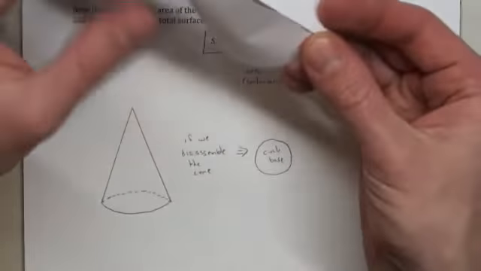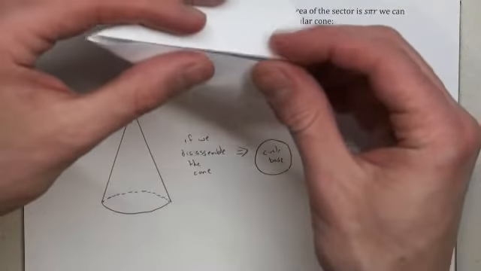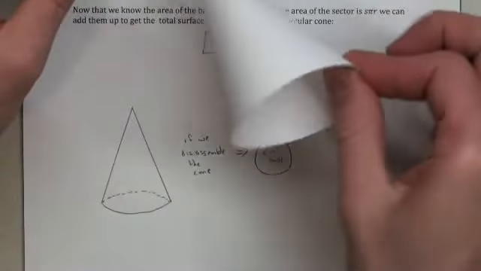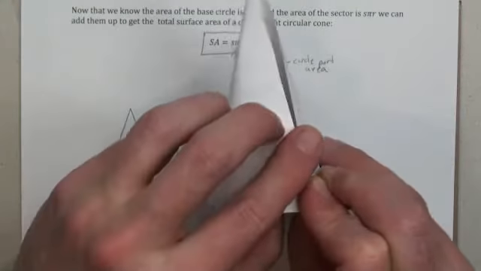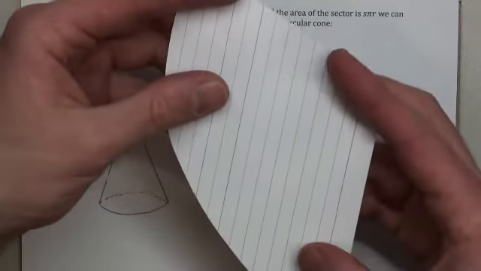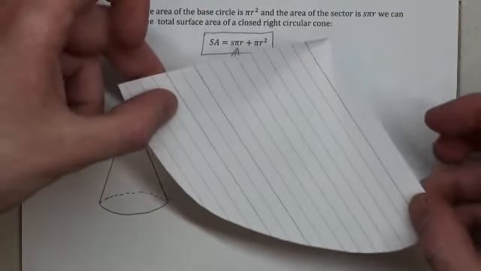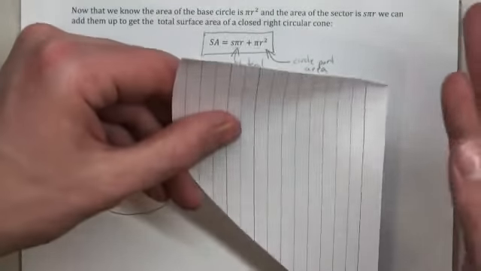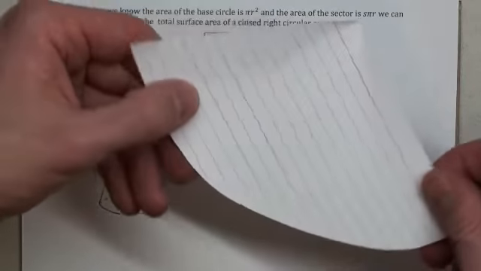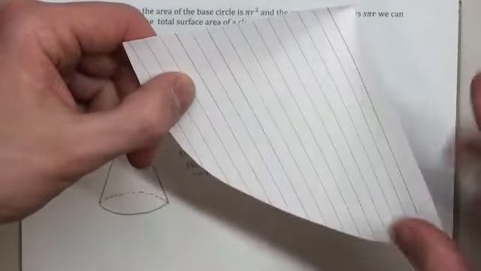So, here we have a cone. Now this bottom is the circle base. And this surface on the outside, this is the lateral area. If I unwrap this cone, what we have is a sector, a part of a circle. This could be bigger or smaller depending on what type of cone we have. So this is called a sector of a circle. It's a piece of a circle.